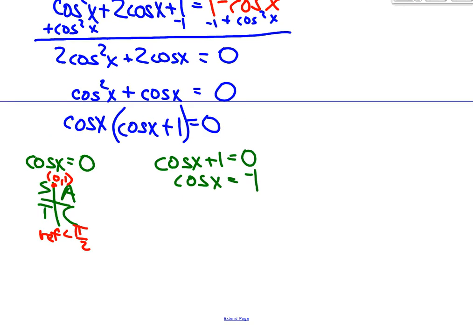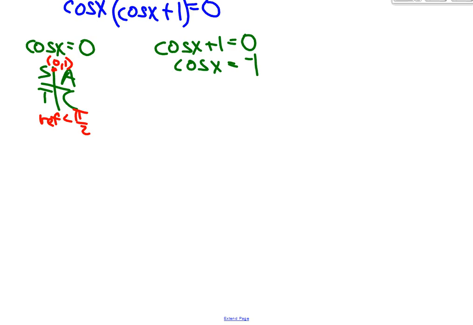You're maybe noticing I pause at that moment when I'm kind of thinking about what's going to work there as I look at that. So my reference angle is pi over 2, and what I'm going to say is going to work is going to be x equals pi over 2. I'll have to check them in a minute here. But then for this one, when's the cosine equal to +1?